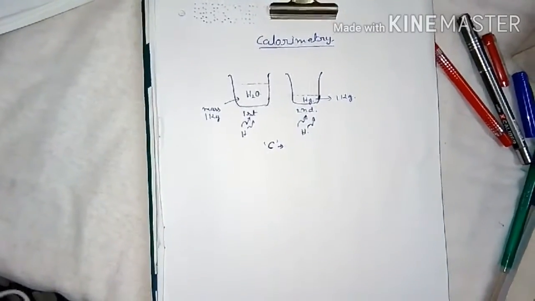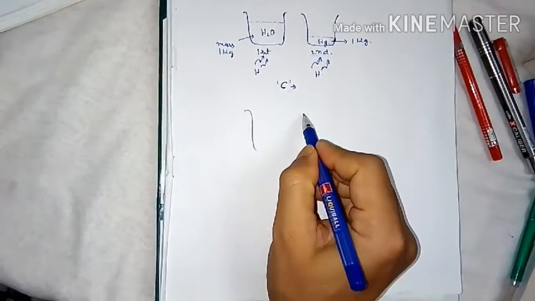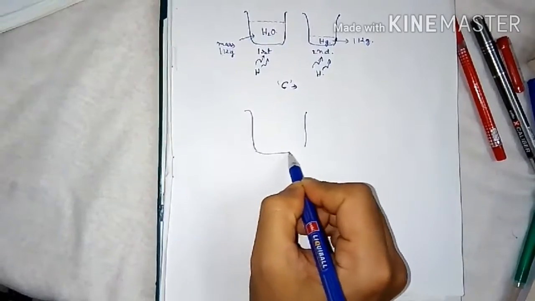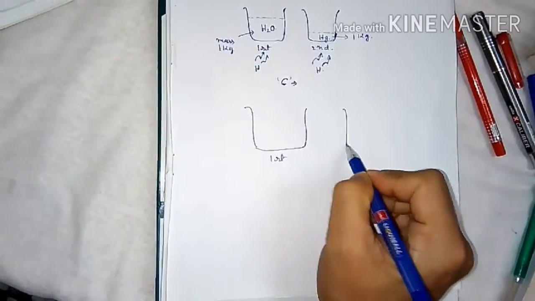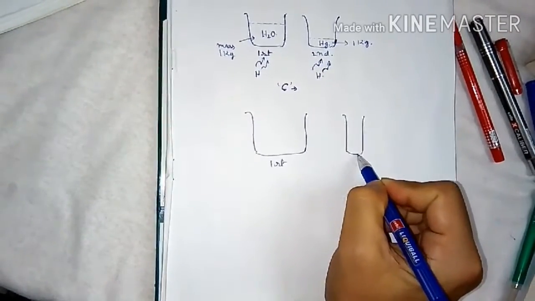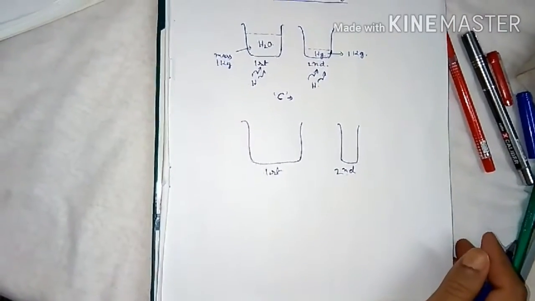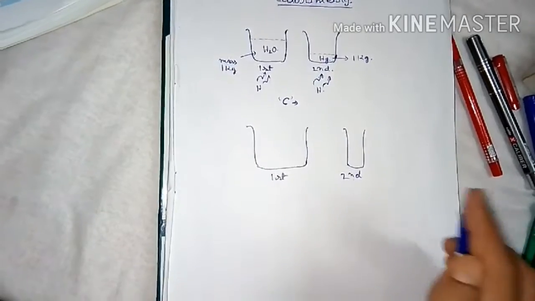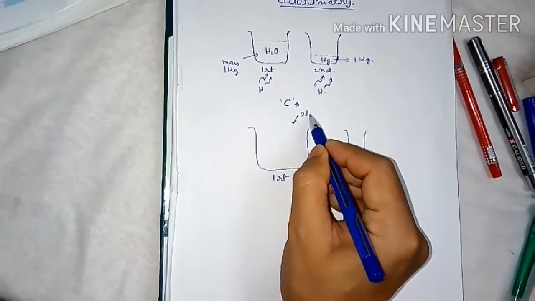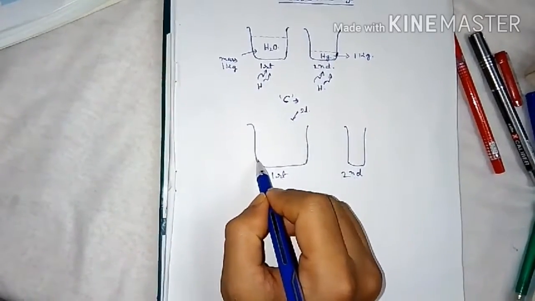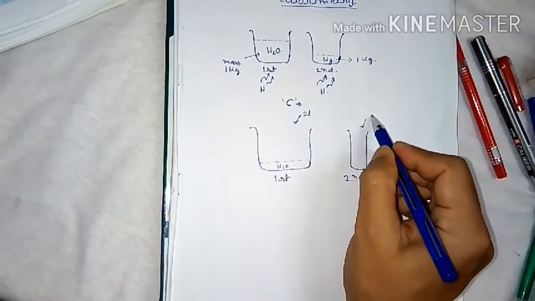Now consider another case. You have two containers like this, this one the first container, this one the second container. Now pour 2 liters of water here and here also.